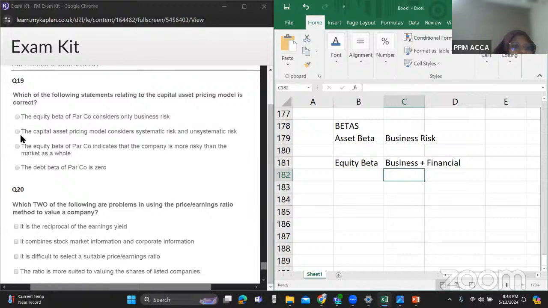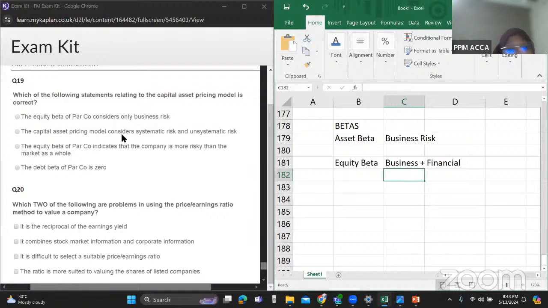Then it's saying the capital asset pricing model considers systematic risk and unsystematic risk. Now, you have to go through this area a bit. There are two types of risks also, one systematic and one unsystematic, right? Unsystematic risk can be reduced by something called diversification.